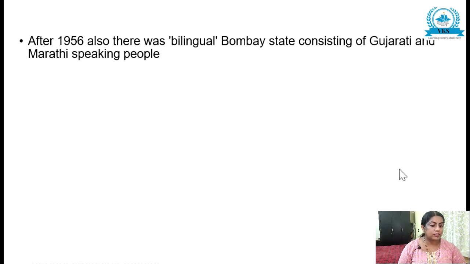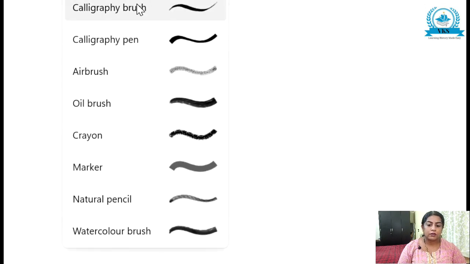So next, let us continue with the next point. Now 14 states and 6 union territories have been established.